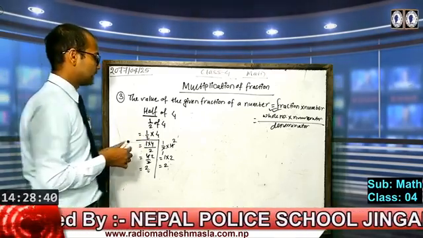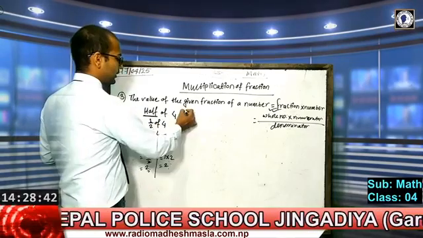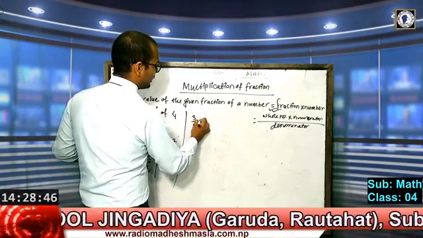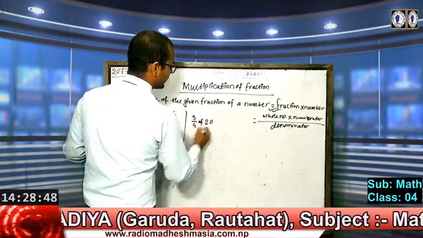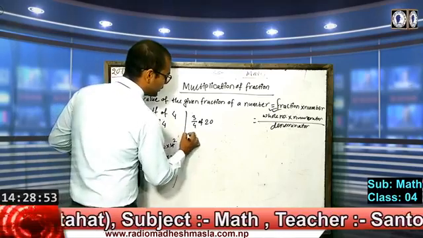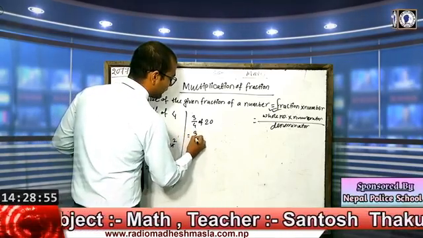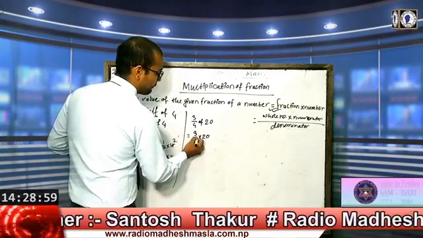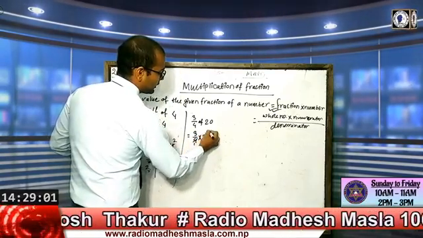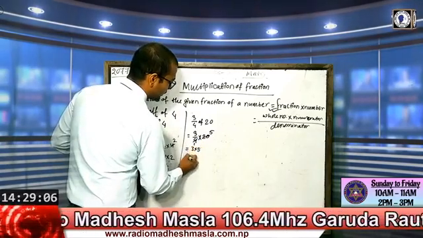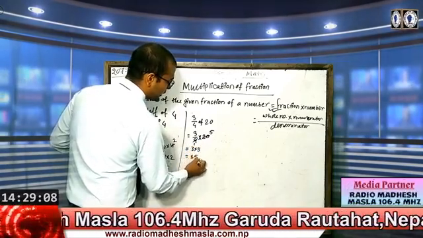In the same way, you may be given 3/4 of 20. You may be given this type of question sometimes. At that time also you should do like this: 3/4 of means 3/4 into 20. 4 fives are 20, then 3 into 5 is 15, which is your answer.